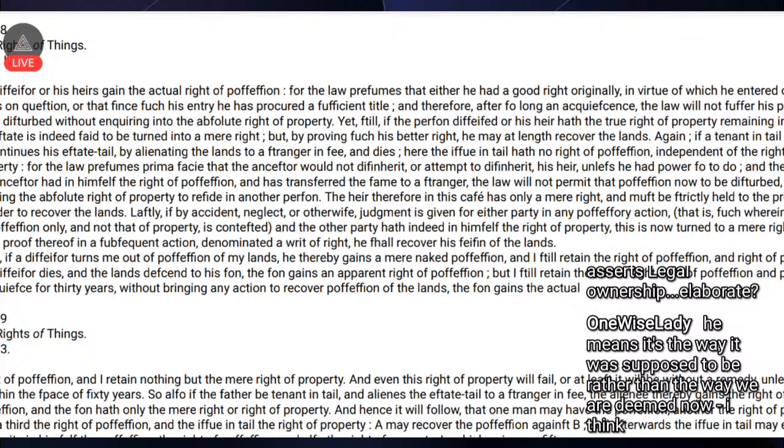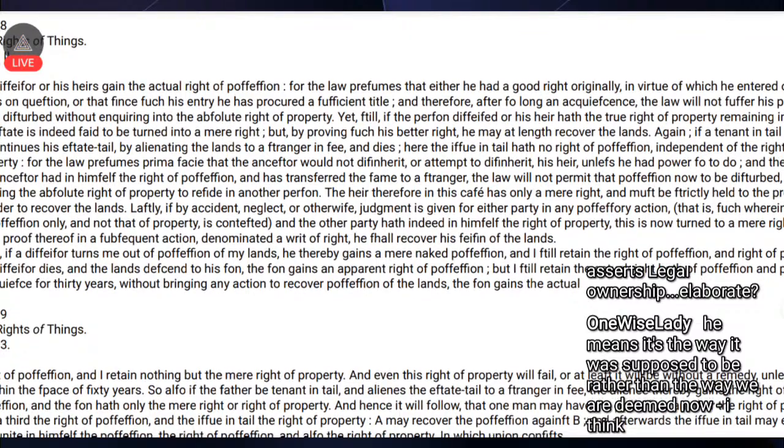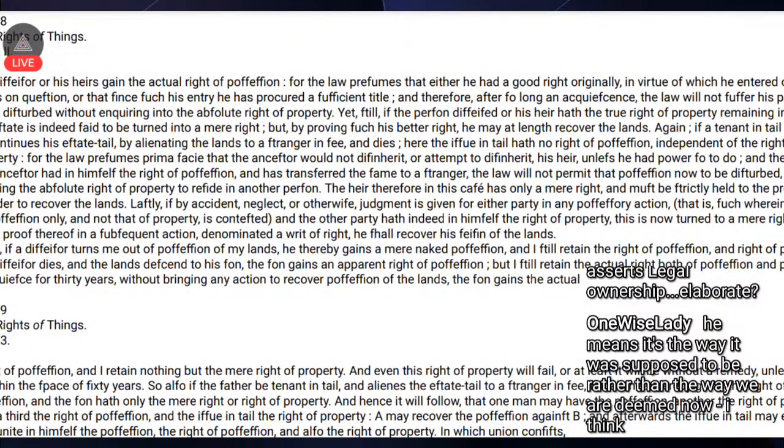Again, if a tenant in tail discontinues his estate tail by alienating the lands to a stranger in fee and dies, here the issue in tail hath no right of possession, independent of the right of property. For the law presumes prima facie that the ancestor would not disinherit or attempt to disinherit his heirs unless he had power so to do.